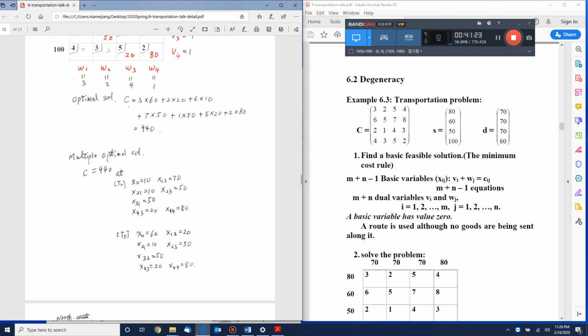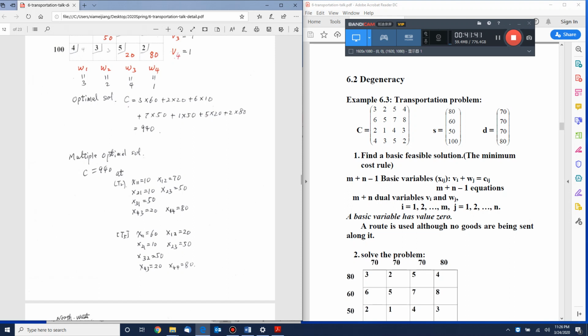From this top row 5, we have x11 equals 60, x12 equals 20, and x21 equals 10, x23 equals 50, and x32 equals 50, and x34 equals 20, x44 equals 80, right?